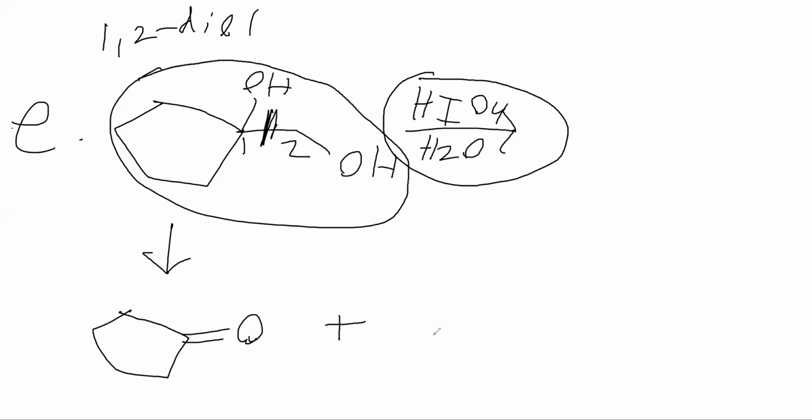So it's going to form these two products, and hopefully you recognize that this is the exact same set of products that we got from part B with this reagent being cleaved by ozone.